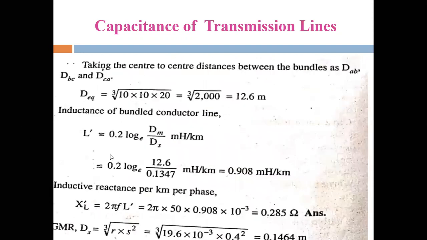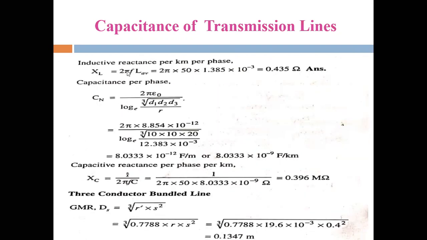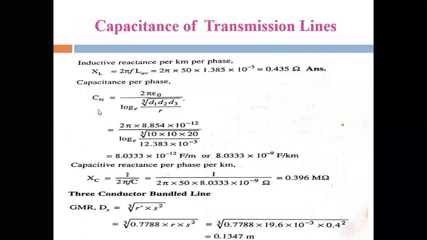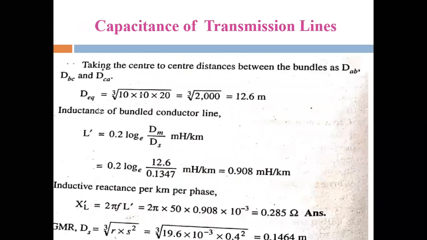After that we calculate the inductance of the bundle conductors. This is the inductance of a single three phase conductor, then we calculate the inductance of the bundle conductors using this formula. In the previous case the inductance for the bundle conductors is 0.2 log e d by r.